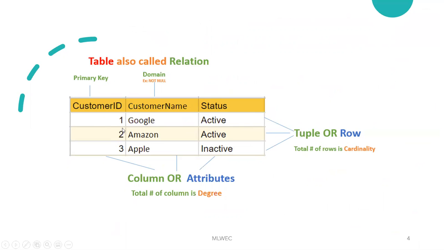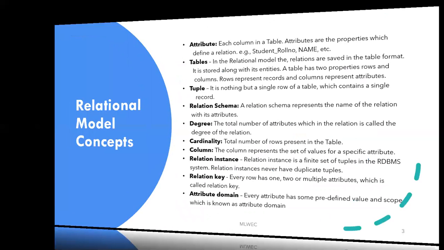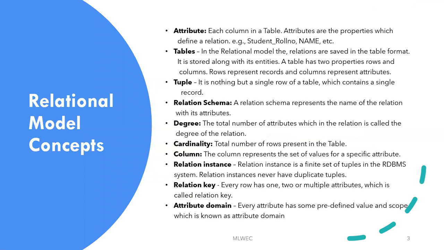Here we have 3 tuples: 1 Google active, 2 Amazon active, and 3 Apple inactive. A single row of data, which contains only a single record, is called a tuple.